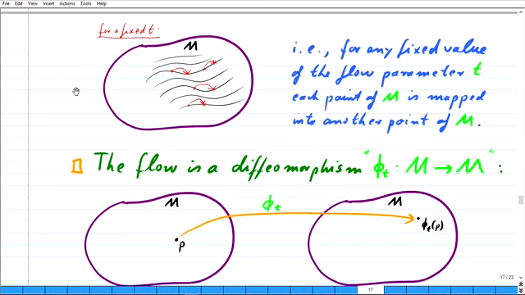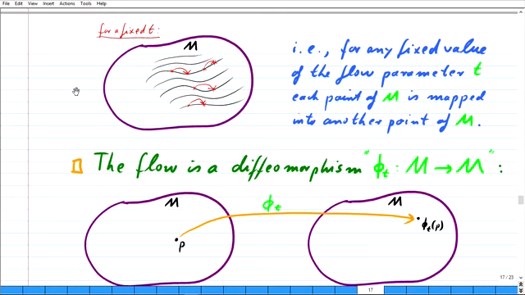So every point of the manifold flows somewhere else. And what that means is that every point of the manifold gets mapped into another point of the manifold. That's an automorphism of the manifold. Or it's a diffeomorphism of the manifold into the manifold, because we do this in a differentiable way, of course.